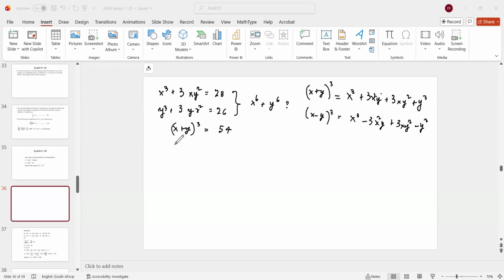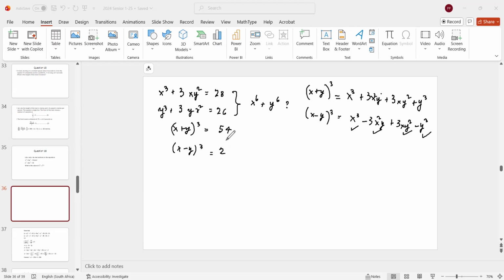And when you subtract these, you get x cubed minus y cubed. There it is. 3xy squared minus 3yx squared. Right? That's it. And that is 28 minus 26 is 2.